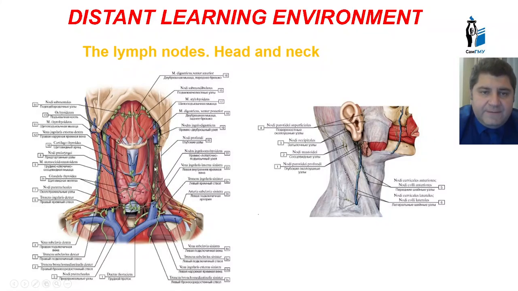And also we can see profound nodes that pass with the internal jugular vein, and they receive lymph from superficial nodes, and this lymph passes into the jugular trunk to the thoracic duct on the left side, or the right lymphatic trunk on the right side.